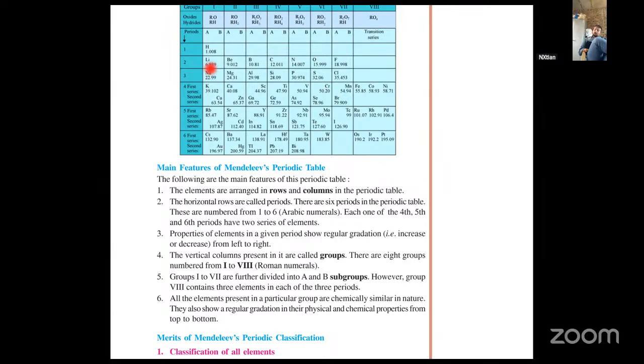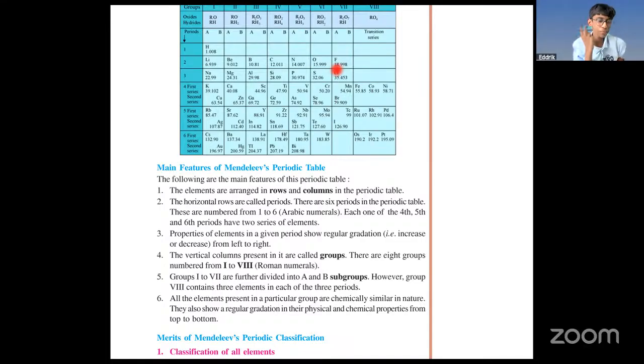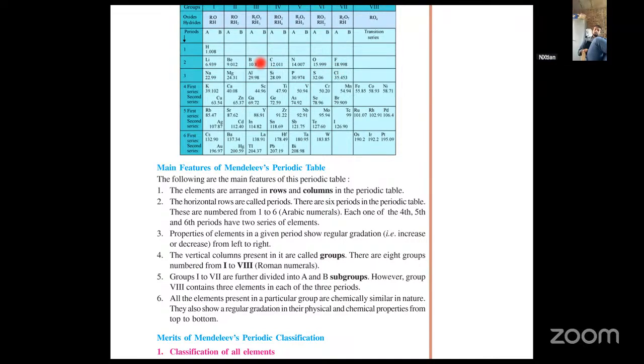Now nitrogen, oxygen, and fluorine are electron receivers, and fluorine is the most electron receiver. So lithium, beryllium, and boron will give electrons, while nitrogen, oxygen, and fluorine will get electrons. What about carbon? Carbon shares electrons, because carbon has covalent bonding. Carbon always shares electrons. How that happens, I will show you in the coming chapters.